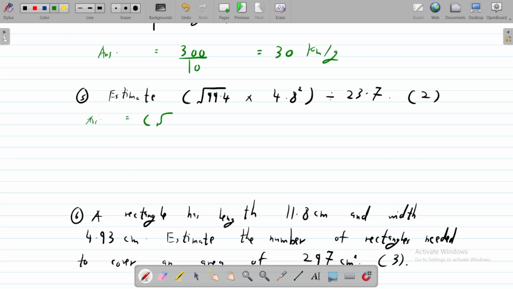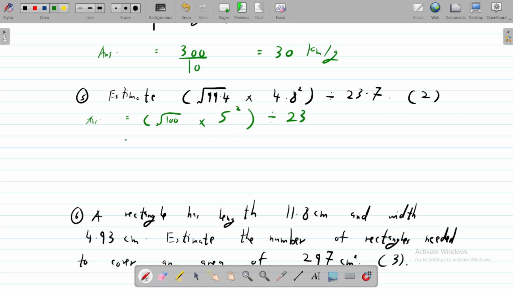Okay, correct. Then 25. But before that, again, your answer is correct, but we have to show them where we got the 25 from. We have to first show them that we took 4.8 as 5, squared, and then we got 25. And after that, 23.